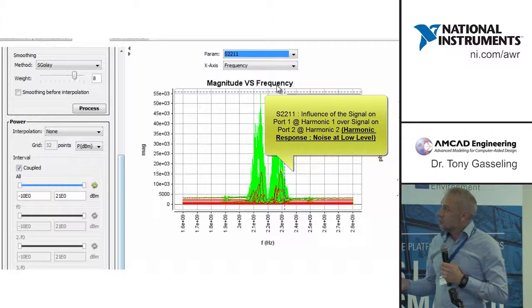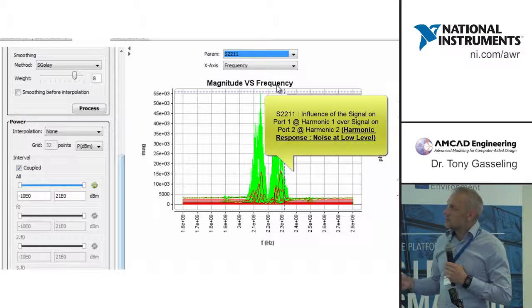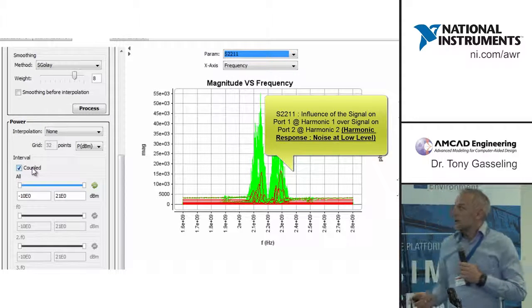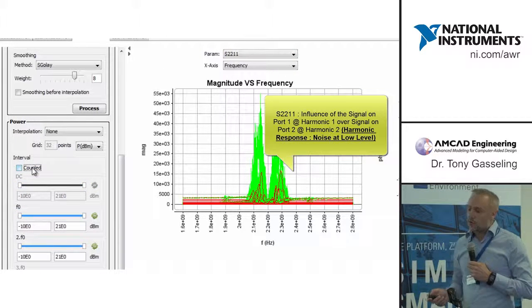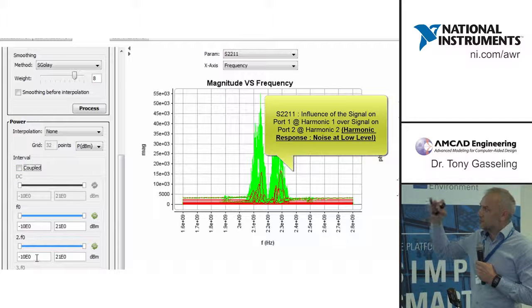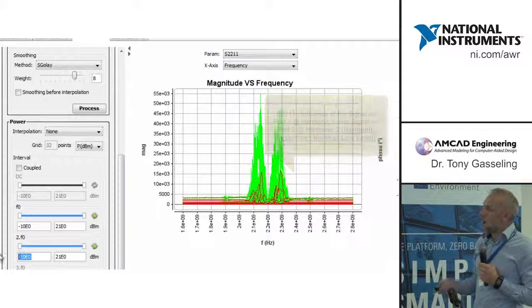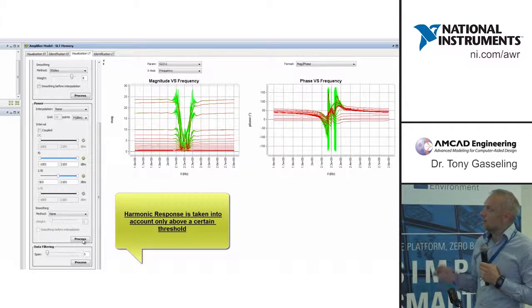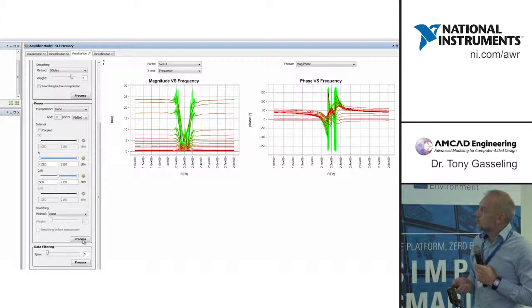We can check these boxes, for example. We will separate the measurement between the fundamental and the harmonic tones, so that the model will take into account only the harmonic response over a certain threshold. There's no need to have the data from minus 10 dBm, for example. We'll just take the data starting at 5 dBm. And so we are able to reduce the noise in the model significantly.